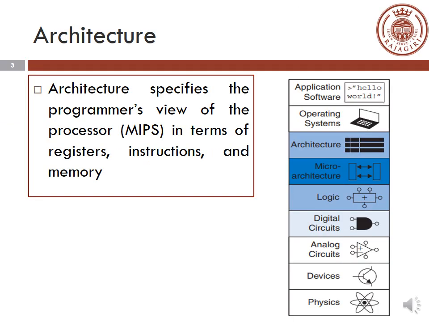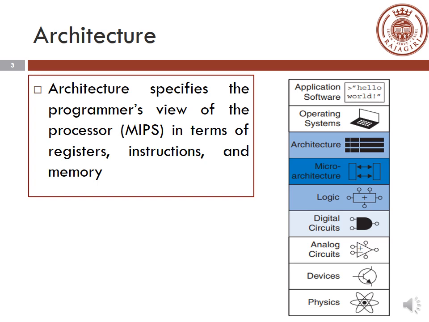In order to understand the basics of the design process, we need to understand what an architecture is. We have already seen the different levels of abstraction for an electronic computing system in Module 1, as shown here. Our current concentration in this module is on the microarchitecture, which connects the architecture layer to the logic layer.